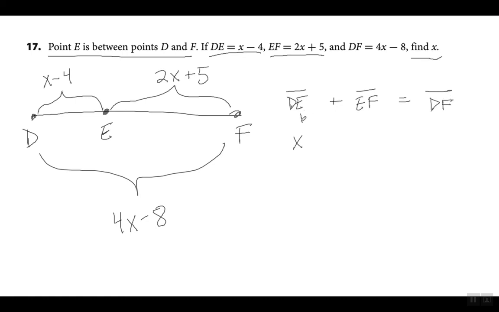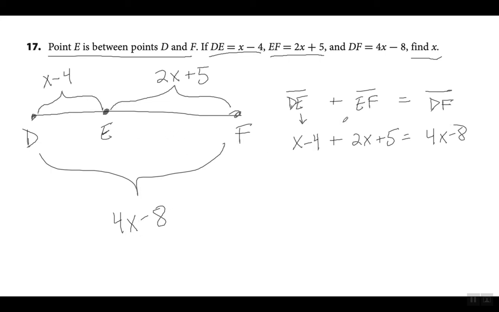Segment DE is x minus 4. Now segment EF is 2x plus 5, so I'm going to add it with that segment. And when I add them, the whole thing has to equal 4x minus 8, because that's what segment DF equals.